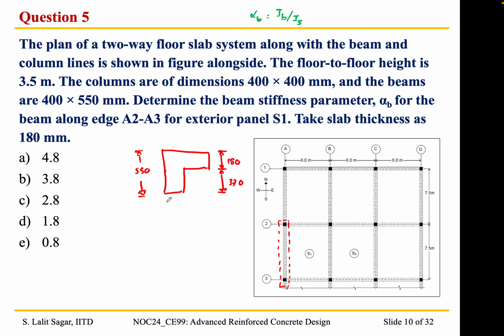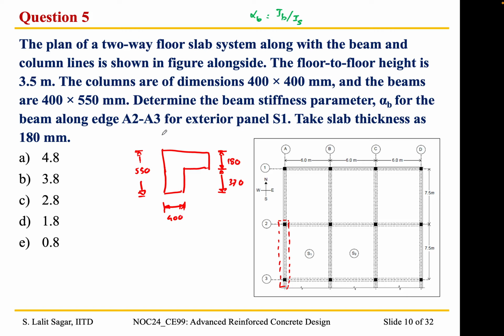So essentially this is basically the engineering mechanics part, where we have studied how to locate the neutral axis for a given cross section and how to determine the moment of inertia about the centroidal axis, right? And the width of the beam is 400 millimeter.